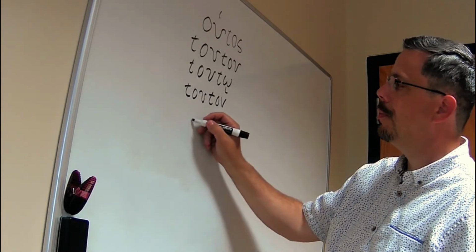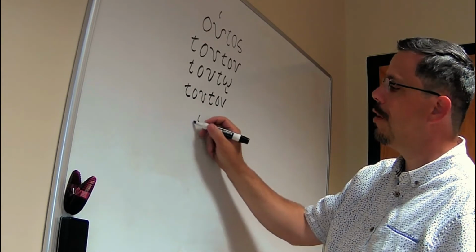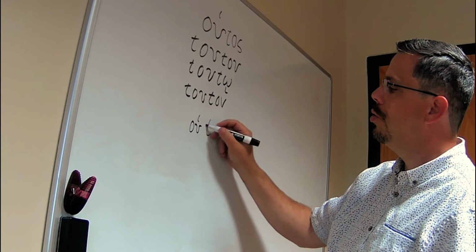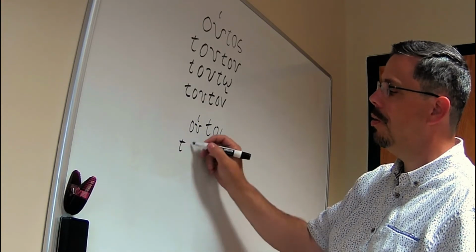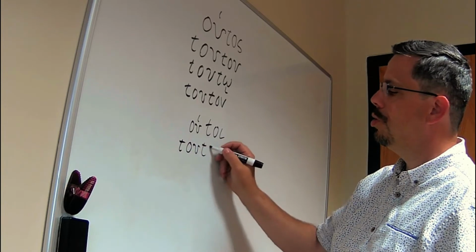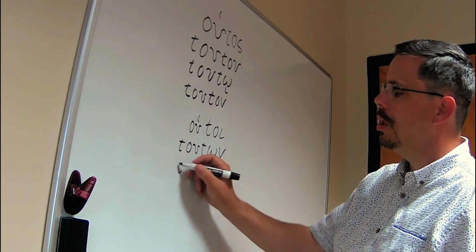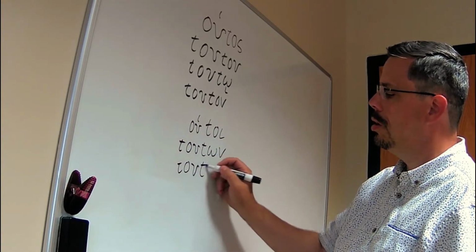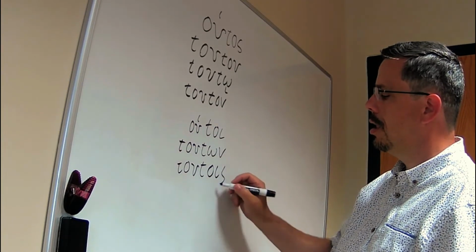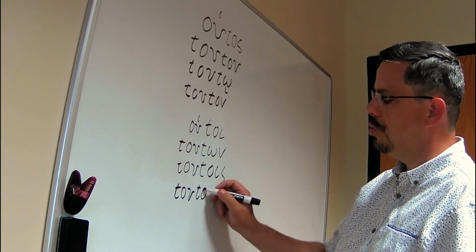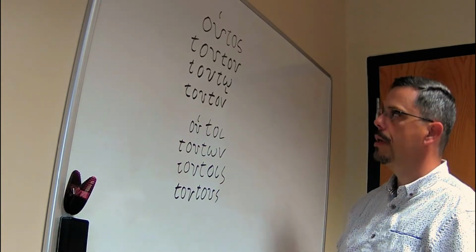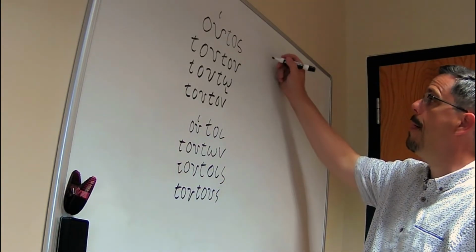And then in the plural, we go back to the rough breathing mark, hou, houtoi, then we go back to the tau, toutōn, toutois, toutous.